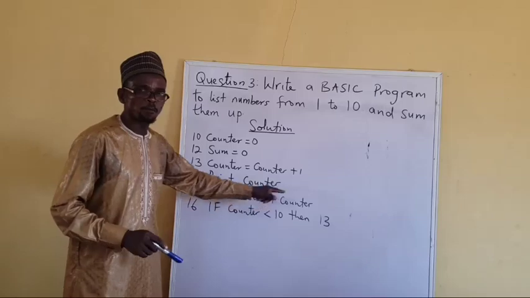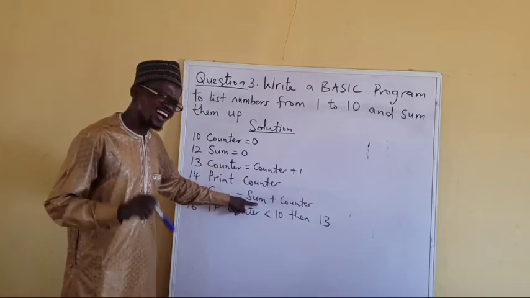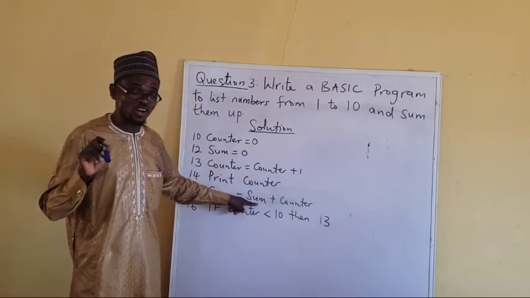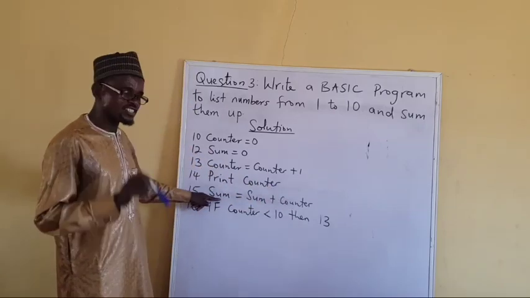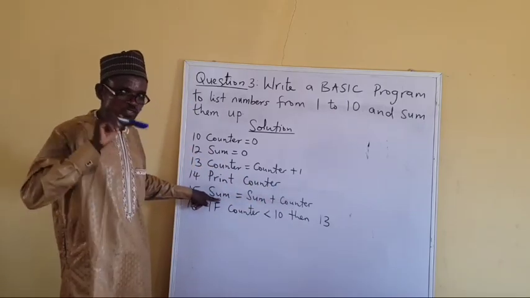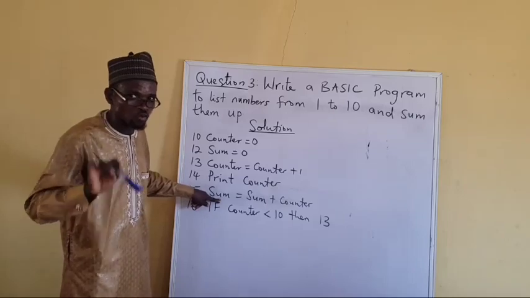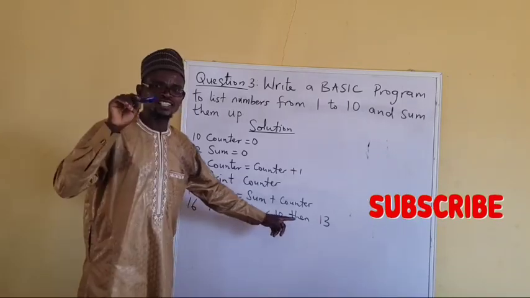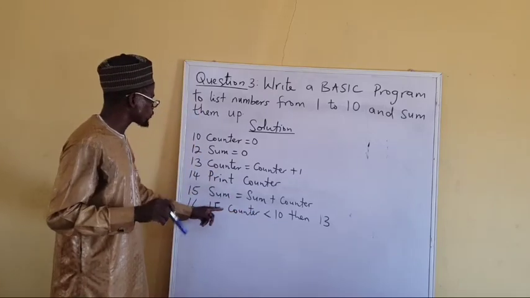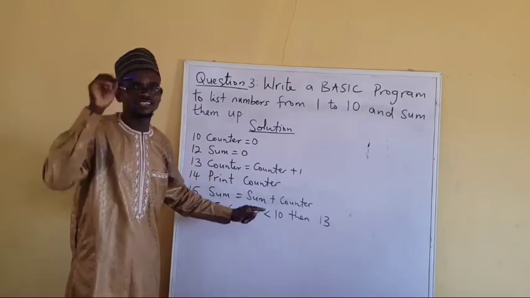Sum is equal to sum plus counter. Don't forget our current value of sum. It is 3. 3 plus 3, 6. 6 will be stored in sum. The next time the computer will see sum, it will refer to it as 6. This is how it will continue until the value of counter is not less than 10.